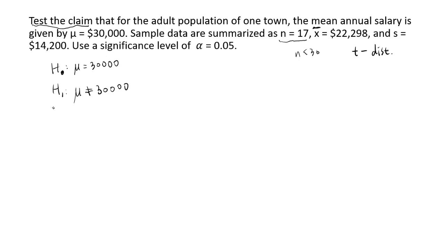Once you have established this, now we should do the t-score. The test statistic will be written as t, and it's still the same formula: x bar minus mu, divided by sigma over square root of n.